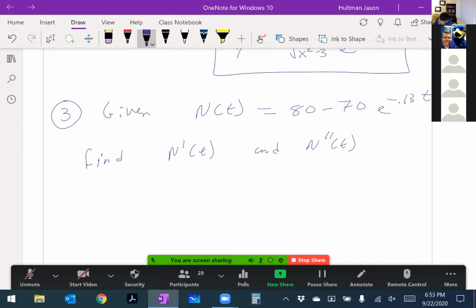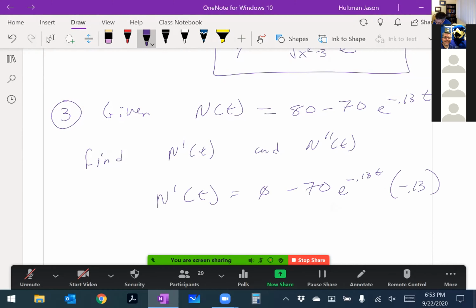Okay, let's see what we got here. N prime of t: what's the derivative of 80? Well, that's 0. Minus 70 times e to the negative 0.13t. The derivative is going to be itself times the derivative of the exponent, which is negative 0.13.